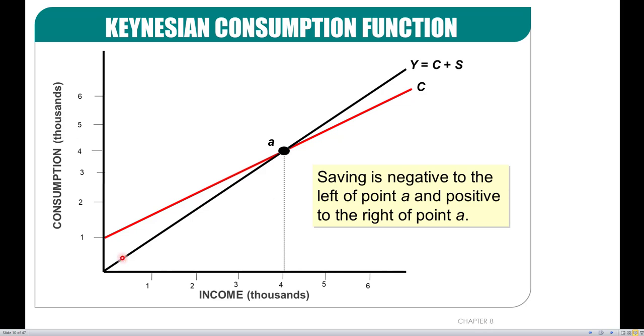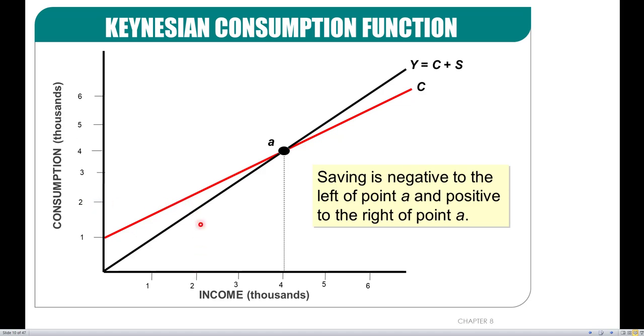So we can build off of that idea. If we have $1,000 in income, when we go straight up to this line, how much consumption do we have? We have $1,000 of consumption. If we have $2,000 of income, we have $2,000 of consumption. It's a little bit hard to draw these graphs correctly, but that's the idea.